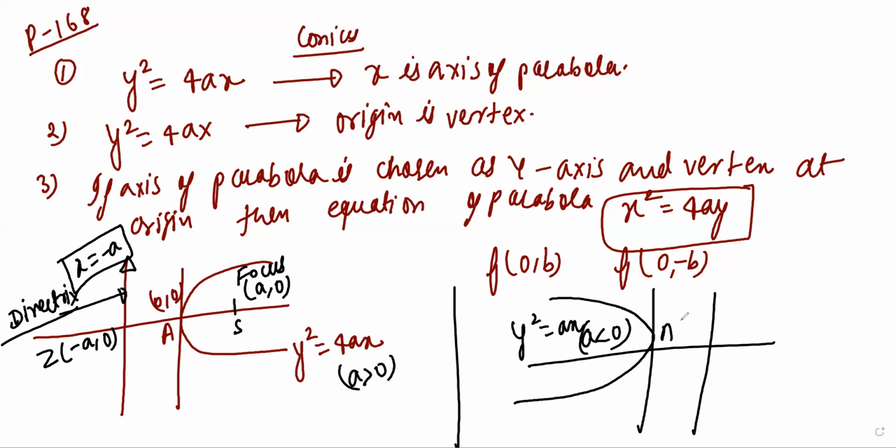It is also passing through the origin 0 comma 0, having the focus here. This is minus a comma 0.